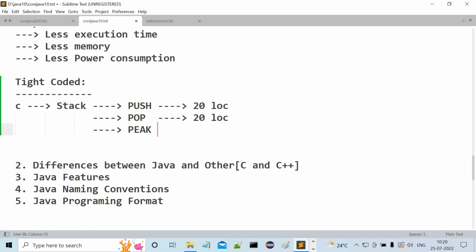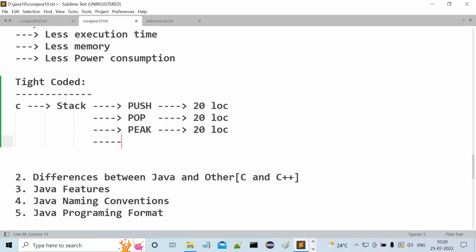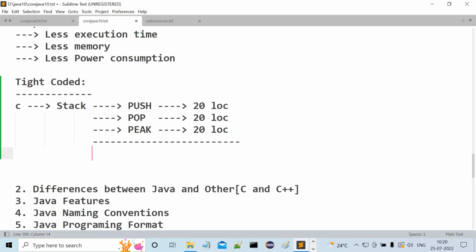Similarly, to perform peek operation, on average, again 20 lines of code we have to write. Guys, all of you respond to me. Totally, to perform stack operations in C programming language, how many instructions do we have to write? On average, 60 lines of code.